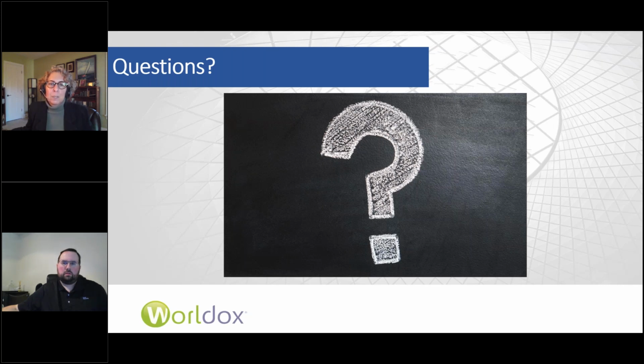Let me see what the other questions are. Can we use Microsoft 365 Business Basic if we already have licenses for Office 2016, but we want to move to Exchange Online and also use Teams, SharePoint, and OneDrive? I'm going to defer that question to Dan, who knows more details of what's included.